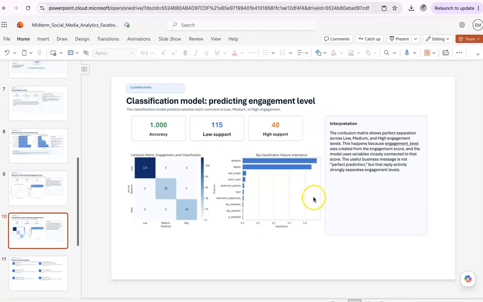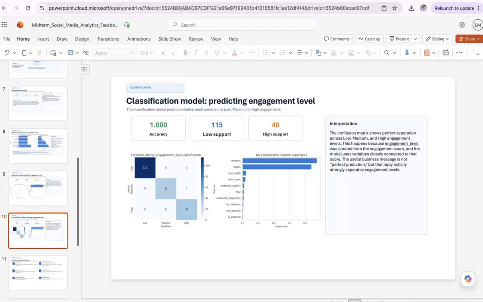This next slide talks about the classification model predicting engagement level. So the classification model predicts whether each comment is low, medium, or high in engagement. The model achieved 100% accuracy, and the confusion matrix shows that the low, medium, and high engagement categories were classified correctly.